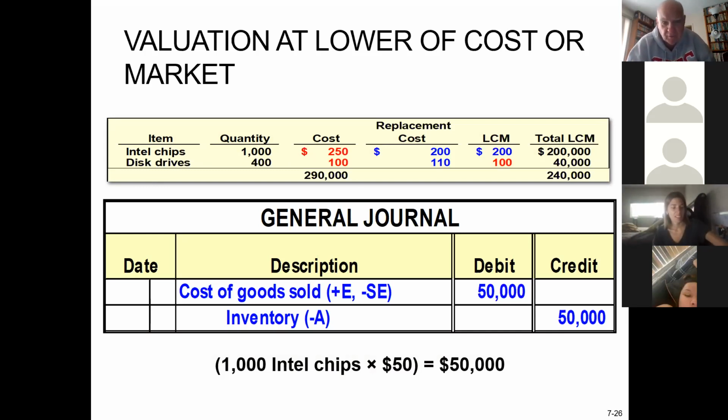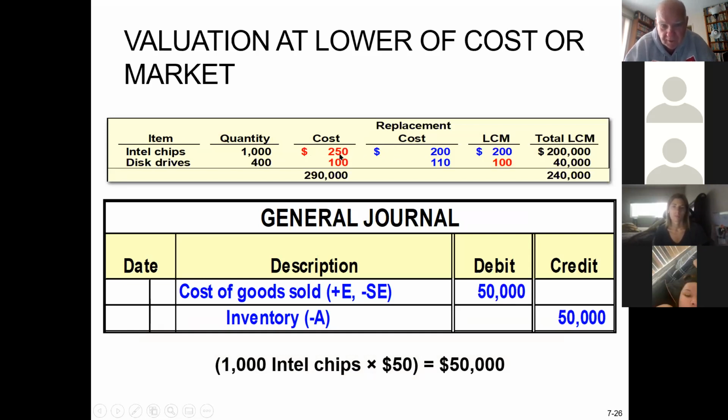But again, we are learning that these chips that we're trying to sell, nobody's buying them anymore for $250. We used to sell these things for $800. But the technology's gotten away from us, and we're stuck with this 1,000 here that's now only worth $200. So we have to restate the inventory to the lower of cost or market.